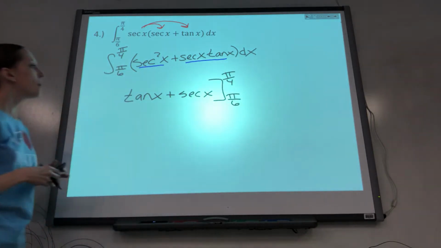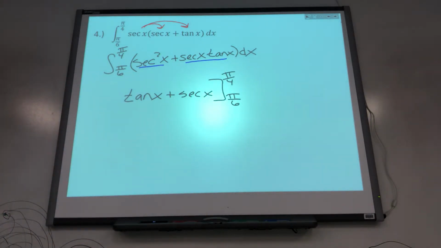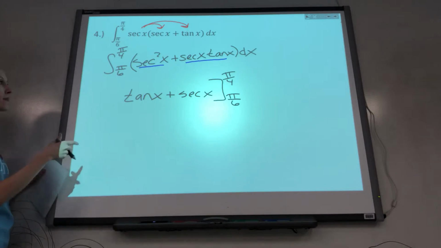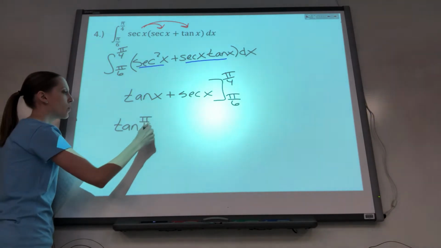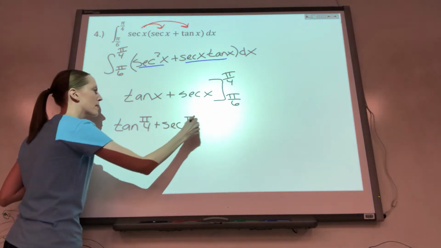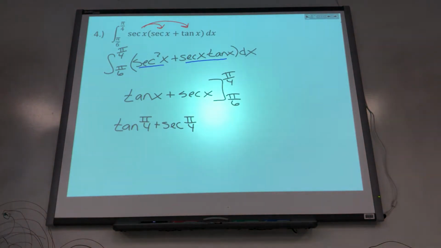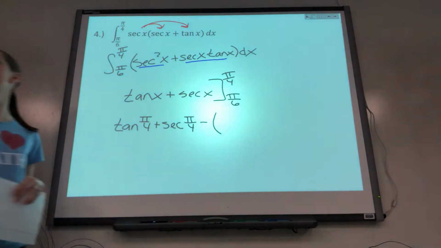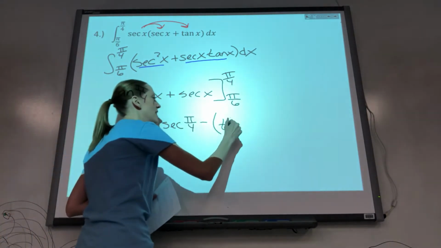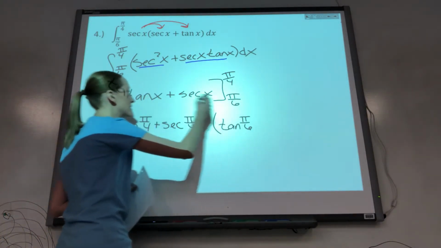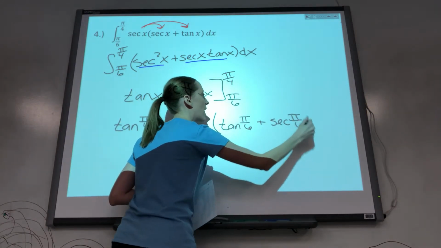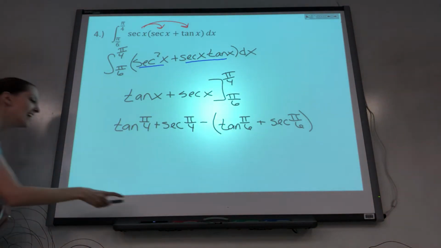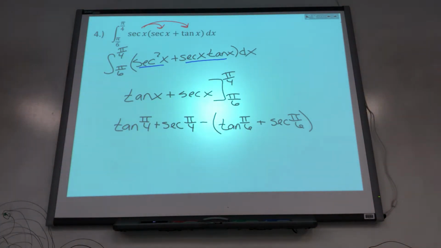So, plug in the pi over 4 first. That will be tangent of pi over 4 plus secant of pi over 4 minus, I'm putting this in parentheses, this will be a quantity, tangent of pi over 6 plus secant of pi over 6. So I'll probably go back to handy dandy to help me a little bit, at least at the beginning.